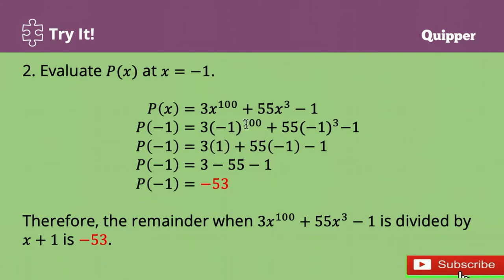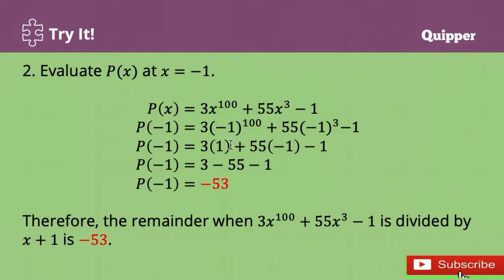Since the exponent is even, we are expecting positive answer. Then for 55 times negative 1 cubed, this negative 1 cubed here, we are expecting negative answer since the exponent is odd number. Negative 1 cubed is negative 1. Then just copy minus 1.